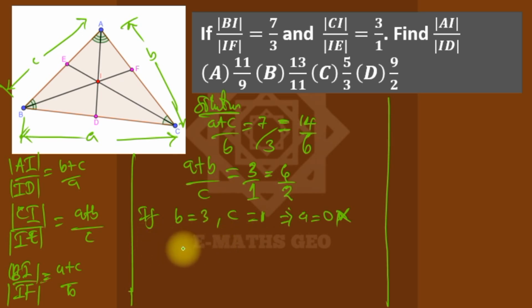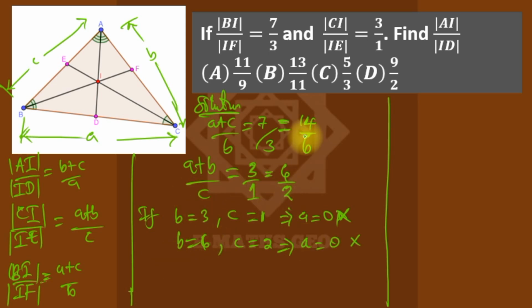If we let b be 6 and c be 2, let's see what a will be. There's a little problem: a is 0, which is not possible again.